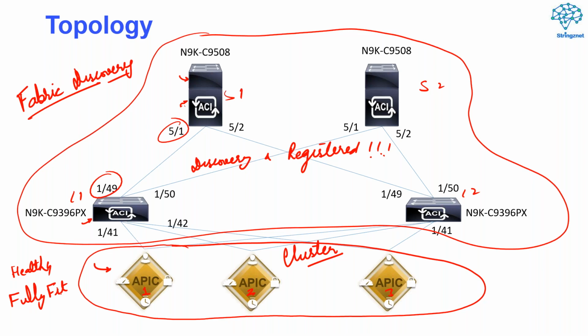Once the clustered nodes are in a healthy and fully fit state, only then does it make sense to start configuring. So the very first thing is fabric discovery, followed by cluster formation, and once it is done, then the third thing, called configuration, comes.